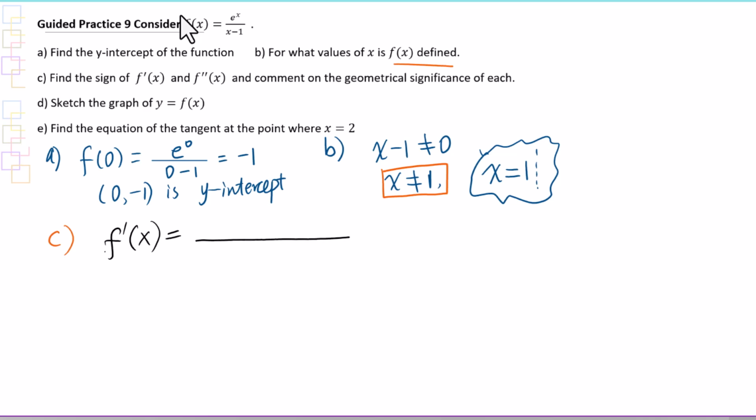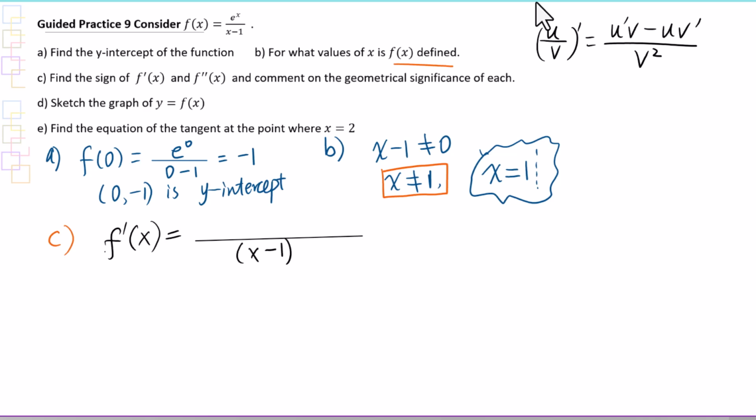We will use the quotient rule: (u over v)' equals v squared as the denominator, u'v minus uv'. So (x minus 1) squared as the denominator, (e^x)' times (x minus 1) minus e^x times (x minus 1)'.